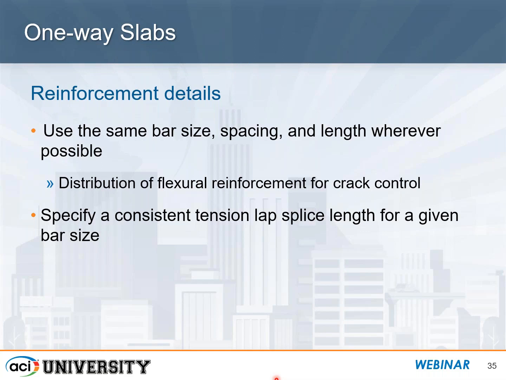Again, going back to the simplicity of it, having the same bar size at the same spacing that has the same length, this will enhance constructability many, many times over. And along with that, it's going to be so much easier to place in the field, which is really part of our constructability as well. Specifying a consistent tension lap splice length is also important.